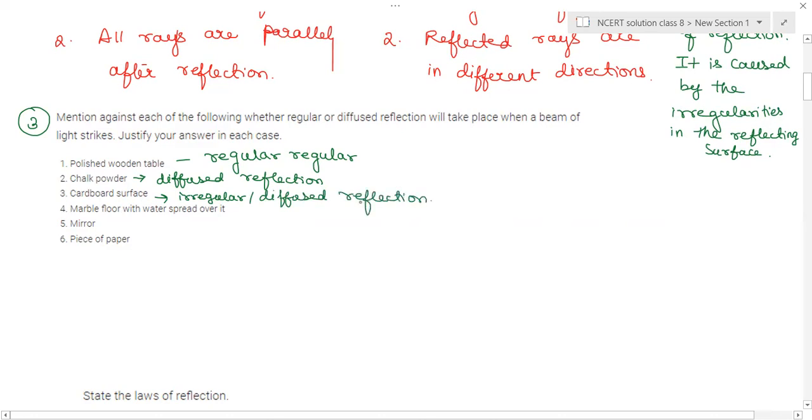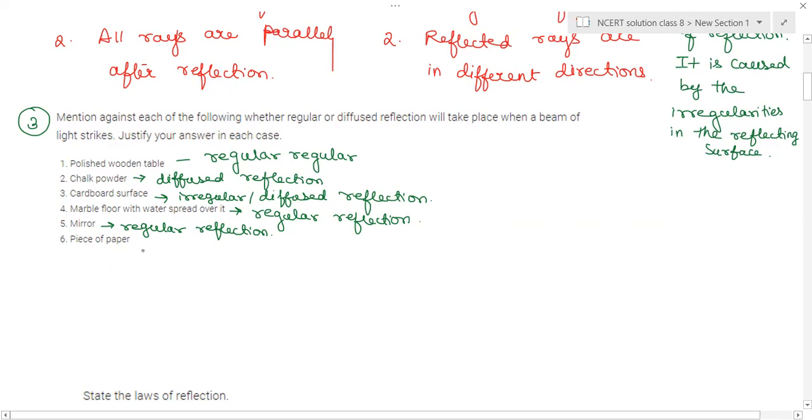Now, marble floor with water spread over it will have regular reflection because it is a polished, shiny surface. So you can write regular reflection. This is a very simple question, but a little understanding is required. Like mirror will definitely have a regular reflection. Mirror is taken as the ideal example for regular reflection.